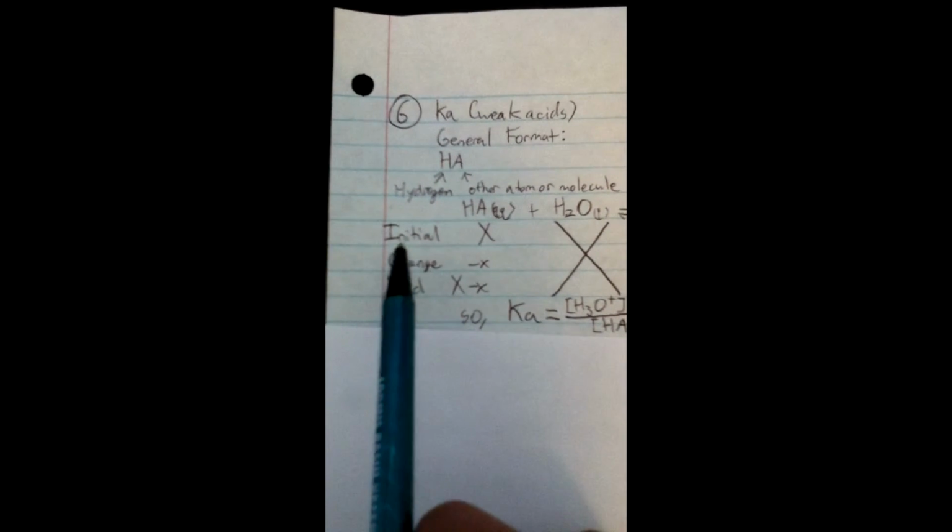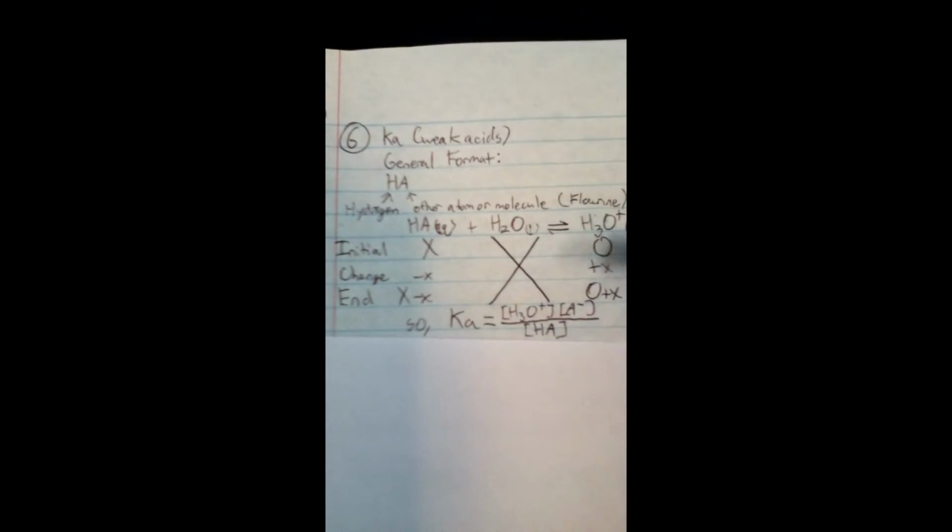So you write out your base equation, HA plus water yields, or is in equilibrium with, a hydronium ion, H3O+, and A minus, the negative ion from your weak acid. So, your initial concentration is big X for HA, and your initial concentration for hydronium and A minus is 0. The water is left separate because it's a pure liquid, so it's not going to affect the equilibrium. That's why it's left out.